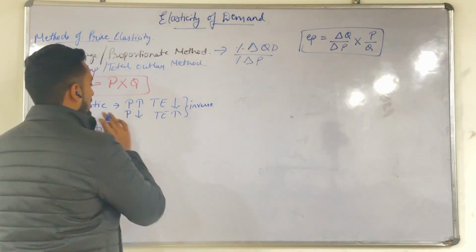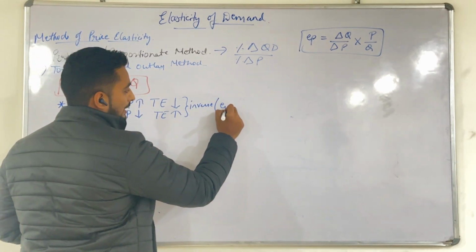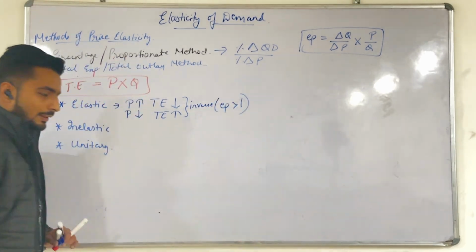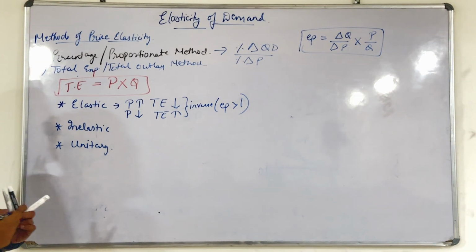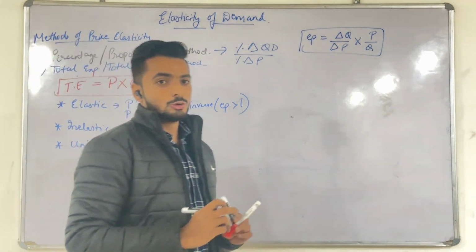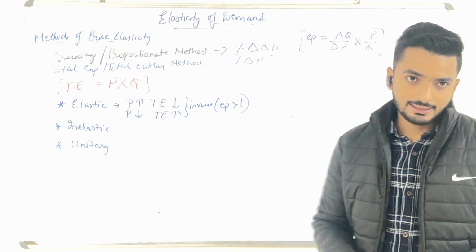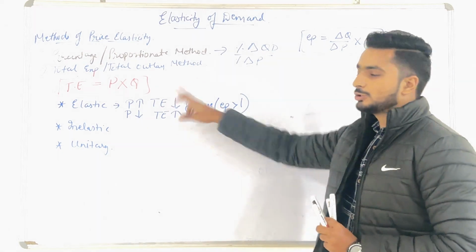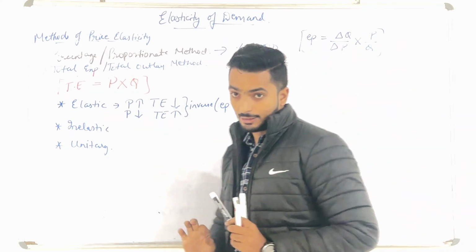In the elastic case, EP is more than 1. So if price is more, the total expenditure will be less. That shows inverse relation between price and total expenditure, which is known as elastic demand.